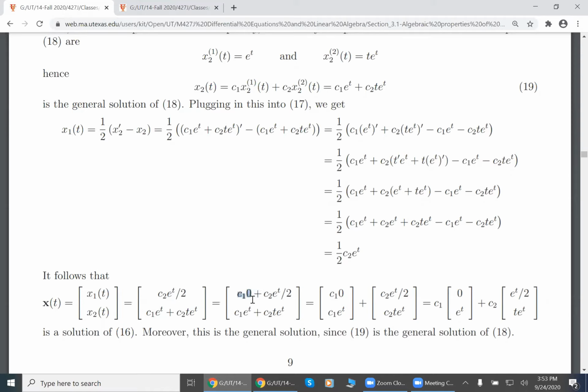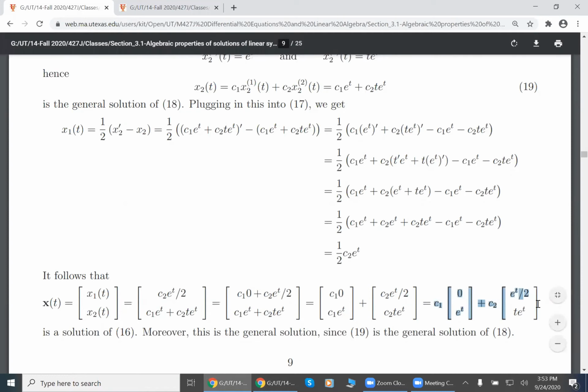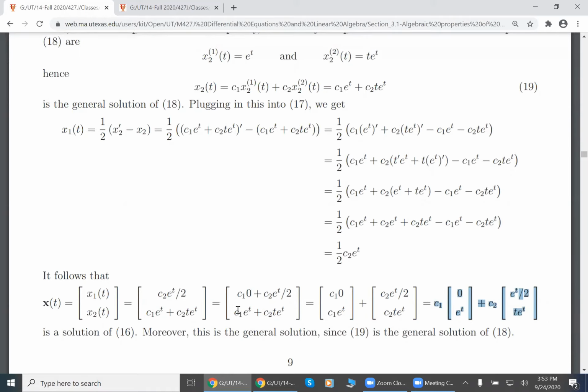Now let us split this matrix column into two pieces. Factor out C1, done. Factor out C2, done. Here is the final answer again. So we have several versions of the same answer. Version number 1, number 2, number 3, number 4.